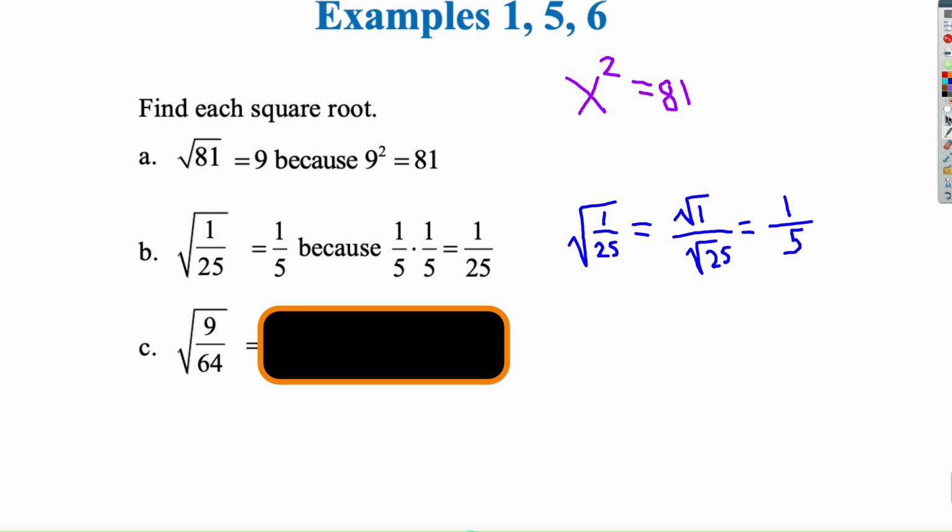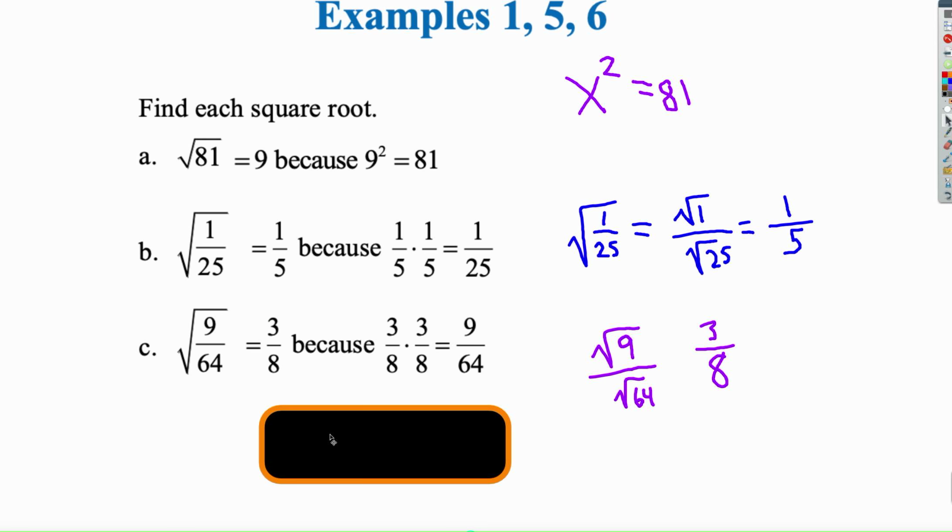So I can get it that way as well. 1/5 either way. So the square root of 9/64 would be the square root of 9 over the square root of 64, which is going to give me 3 over 8. Or I could just think about what times itself gives me 9 over 64. So either way, I get the 3/8.